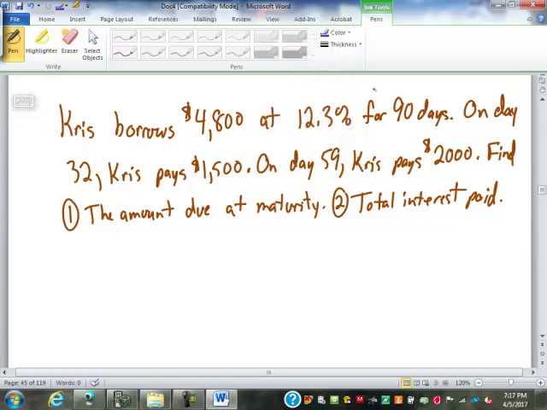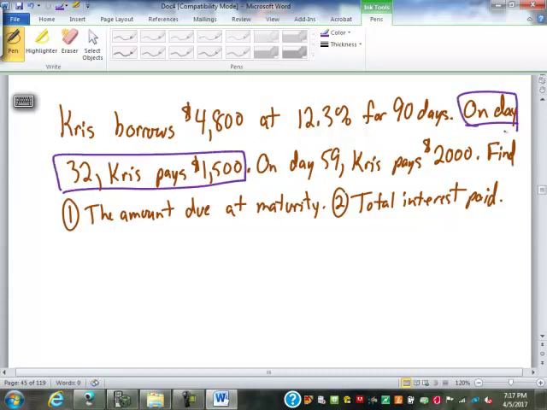So what is the first action on this note? Day 32, they made a payment of $1,500.